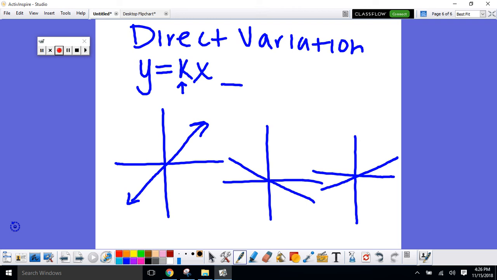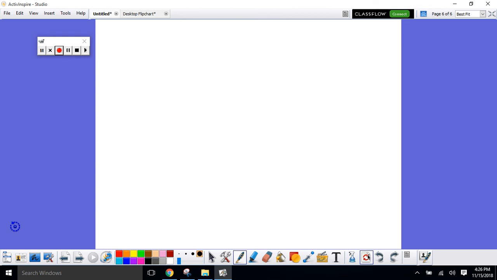If you are looking for an example of y equals kx, you would have something like y equals 2x, or y equals 1/2 x. Okay, but the y would have to be by itself. If the y is not by itself, then make sure you solve for y.